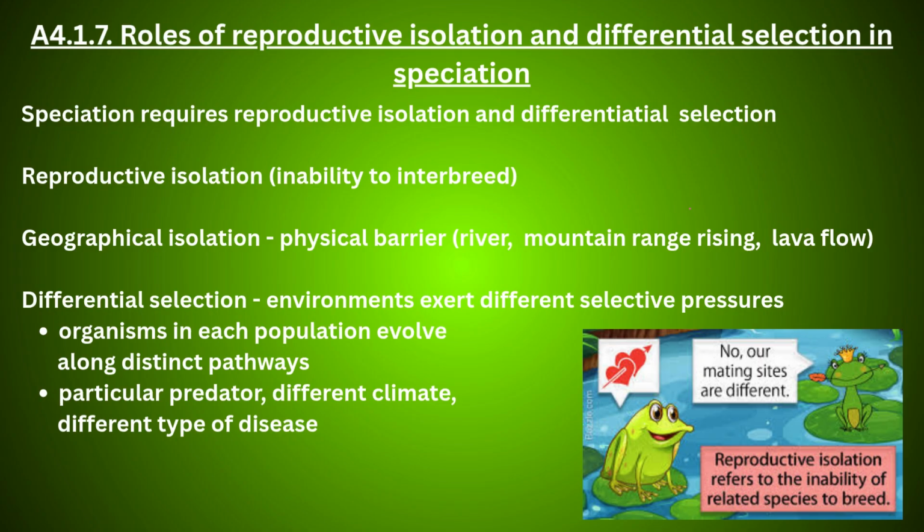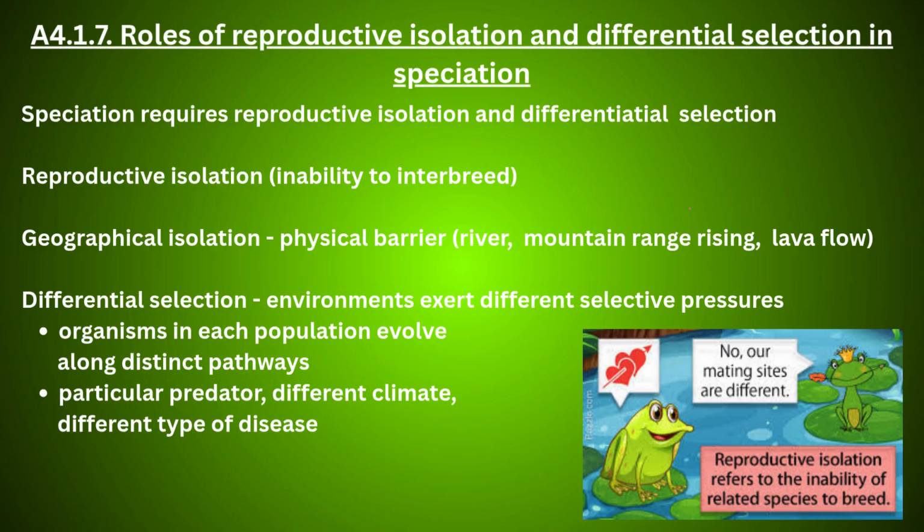For example, one environment may favor traits that offer an advantage against a particular predator, while the other environment might favor traits that enhance survival in a different climate or against a different type of disease. These differing environmental pressures mean that different traits become advantageous in each isolated population.